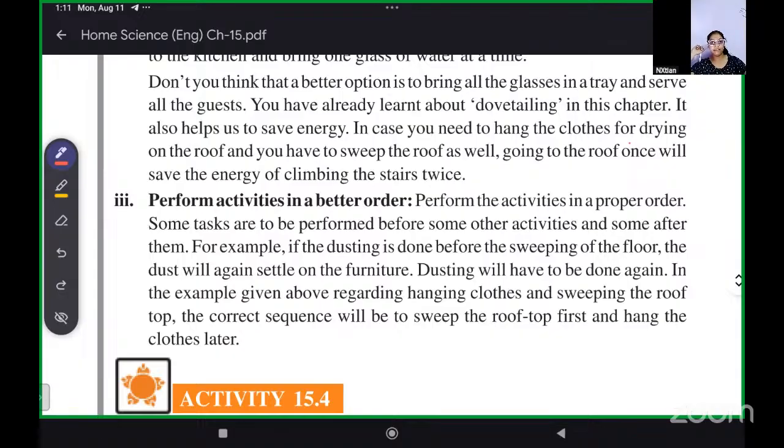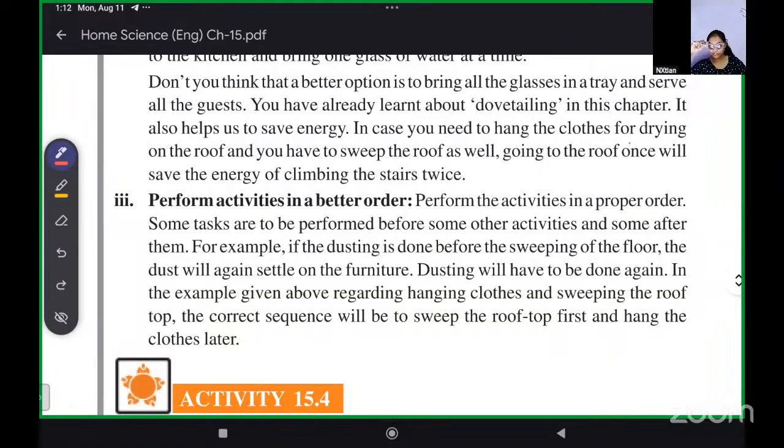We should know how we can combine the activities to avoid unnecessary movement, because going up and down the stairs 6 times, 8 times will tire me out. If I keep going for every little thing, I consume more energy, right? So that is how we can do dovetailing.